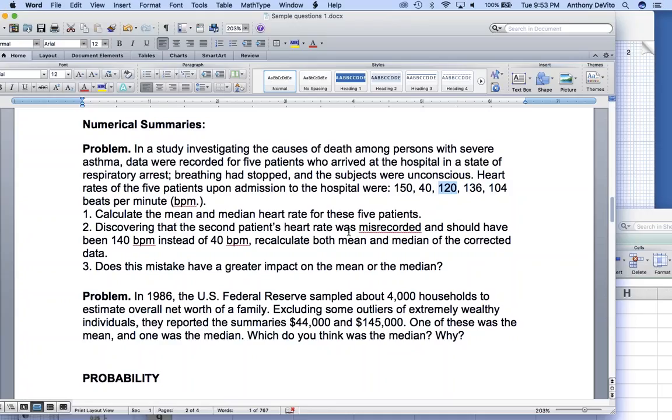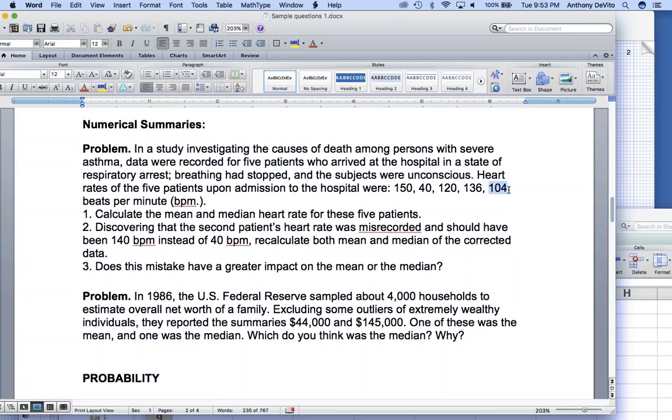Discovering that the second patient's rate was misrecorded and should have been 140 instead of 40, recalculate both the mean and median of the corrected data. Does this mistake have a greater impact on the mean or the median? Well, if this is now 140, you can actually calculate it if you want.